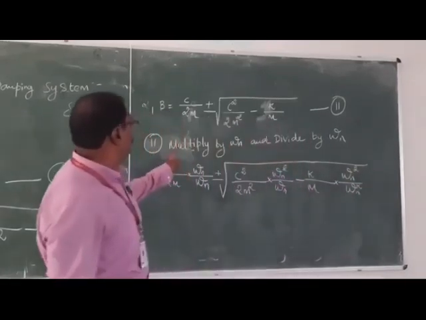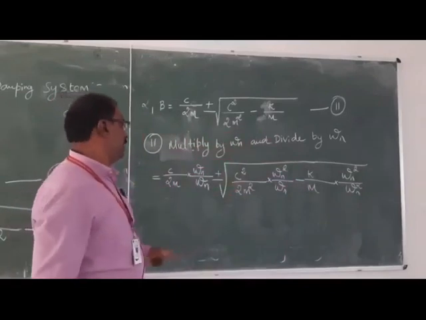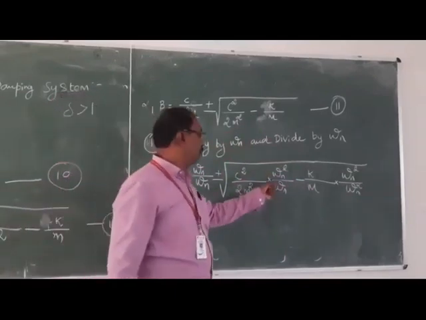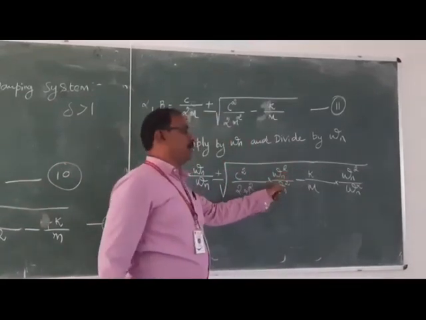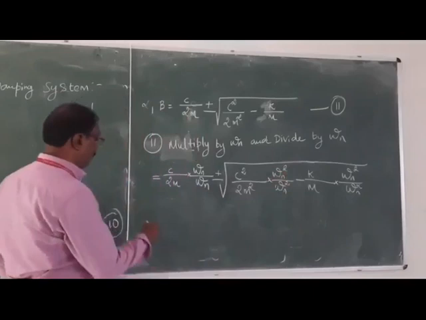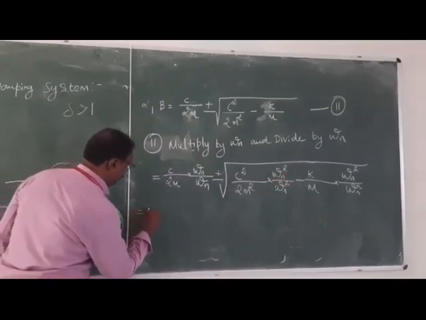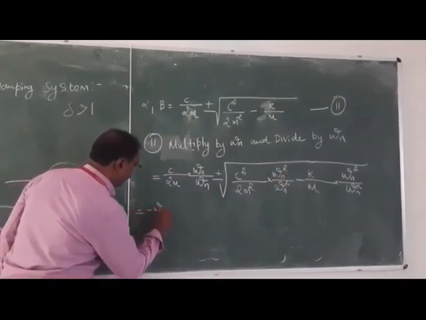What happened? I multiplied by omega n divided by omega n. Hence it is roots, so I multiply and divide by omega n square. What I am doing is commonly taking minus omega n.